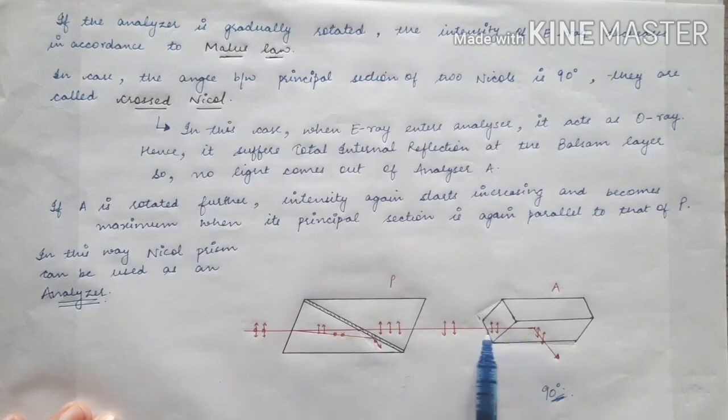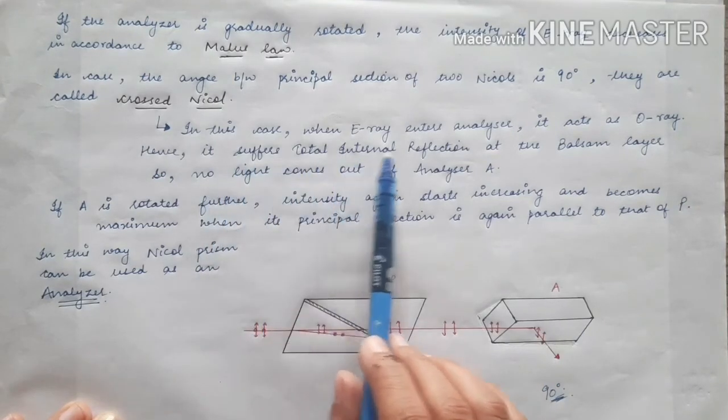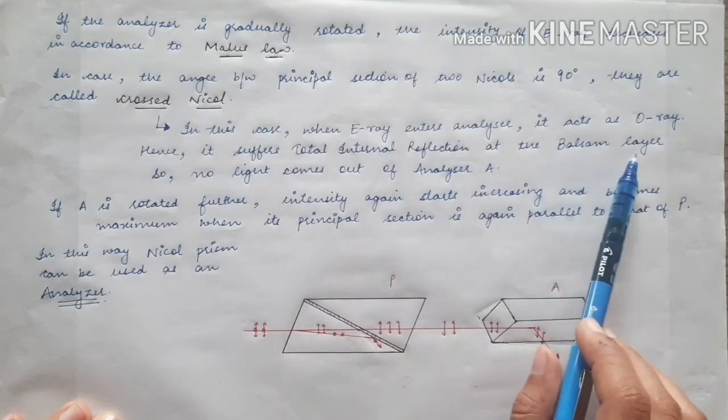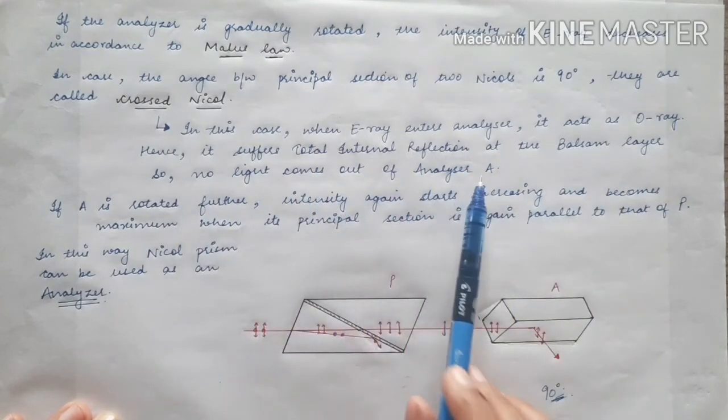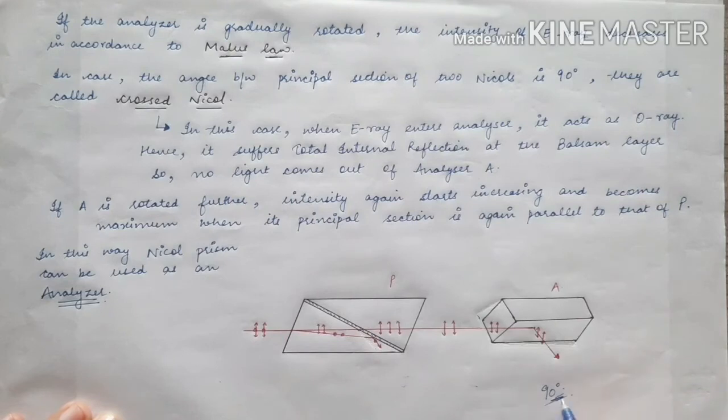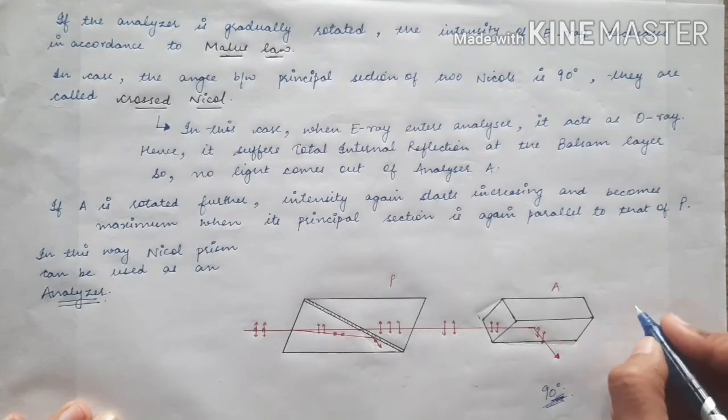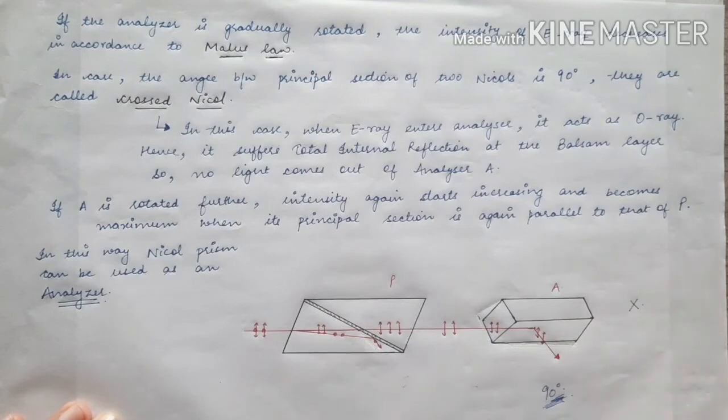Therefore, in this case also, the vibrations of the electric field are perpendicular to the principal section, because the Nicol prism has been rotated by 90 degrees. So it suffers total internal reflection at the balsam layer. So no light comes out of the analyzer. When the analyzer has been rotated by 90 degrees, there will be no emergent light. So intensity of the emergent light will be 0.